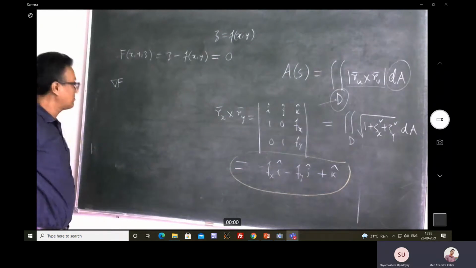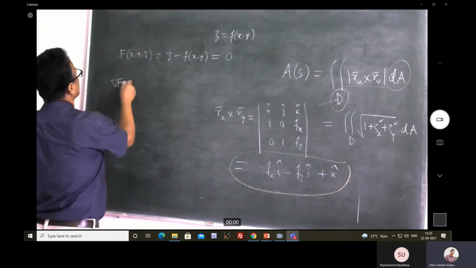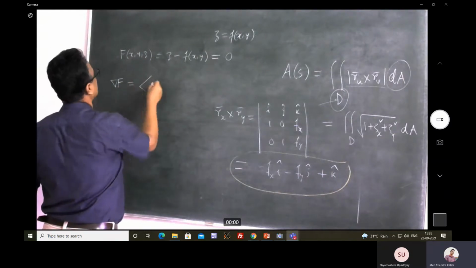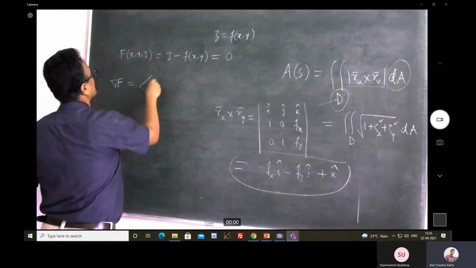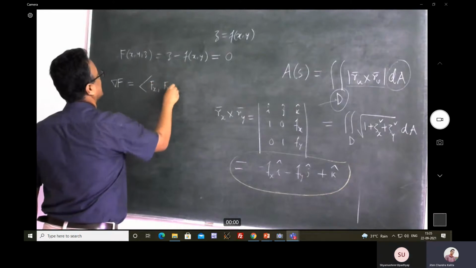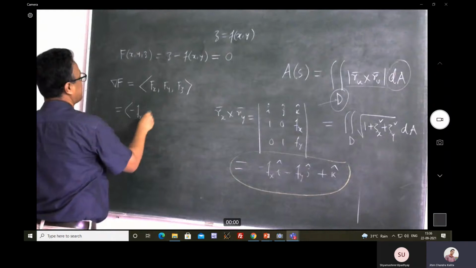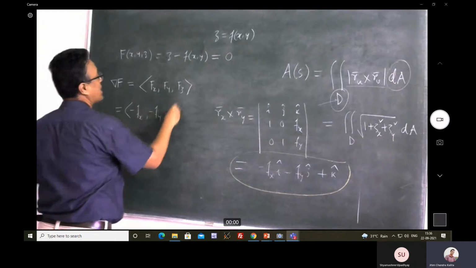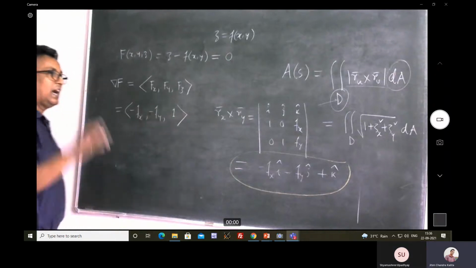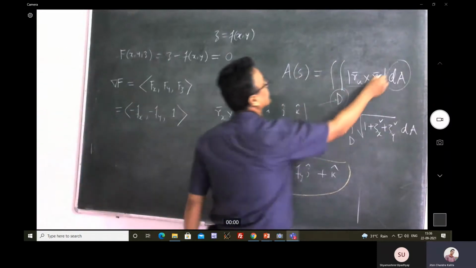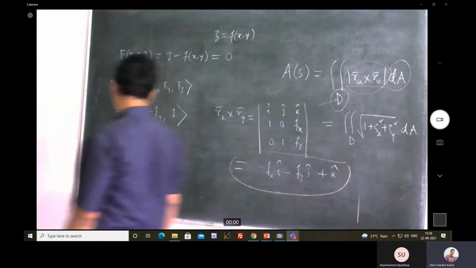Fine. So in this particular case, grad f is going to be given by what? It is simply going to be given by your fx, fy, fz. So this is simply going to be minus fx, minus fy, 1. Right? And we have already told how this concept came about.